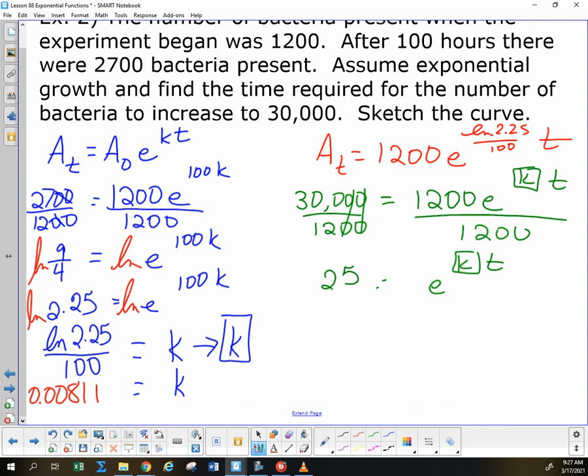Then what do we do, Britt? So that's going to be k times t. We want t. Our calculator knows k. So t on our calculators will now be the natural log of 25 divided by, with our box around it to say it's our stored k.